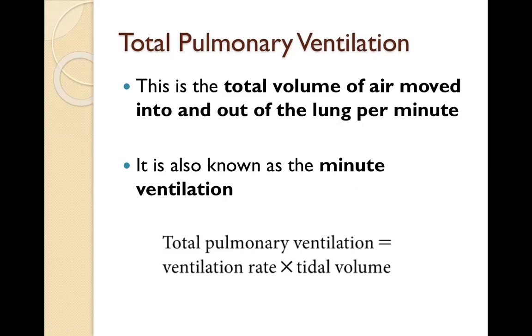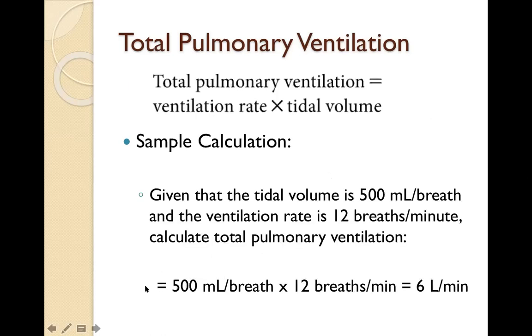And so when we talk about total pulmonary ventilation, all we have to know is how many times per minute we're breathing, and we have to know what the tidal volume is. So what volume of air are we taking in per breath, and how many times are we breathing per minute, and that will give us our total pulmonary ventilation. So it's a fairly easy calculation. Our typical ventilation rate is somewhere around 12 breaths per minute when we're quietly ventilating.